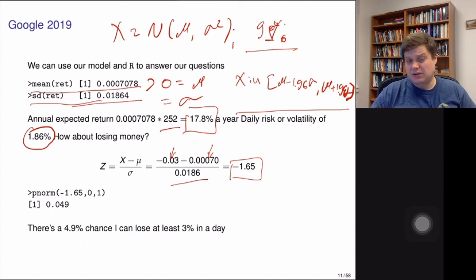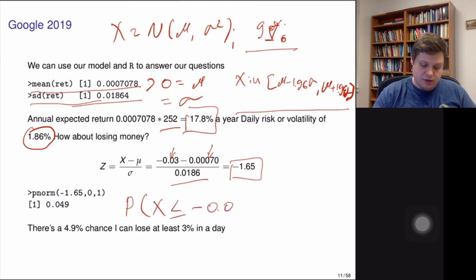So it's a relatively low probability event, and if you calculate the probability of it, we want to calculate the probability that my random variable is less or equal than minus 0.03. So it's just the pnorm function, and for the standard normal, remember we standardized the random variable here, so we want to know what the pnorm is.